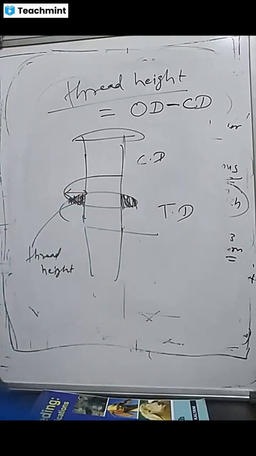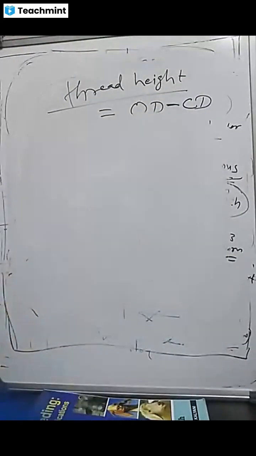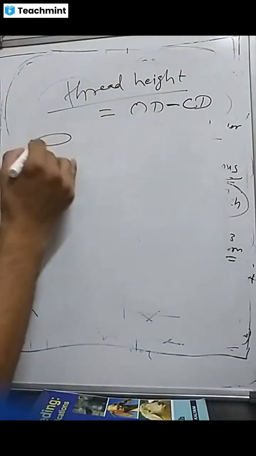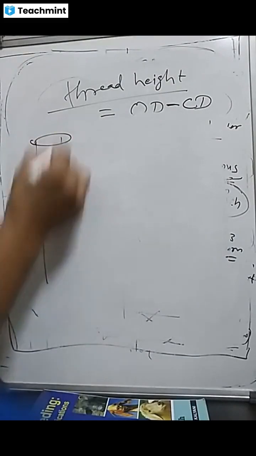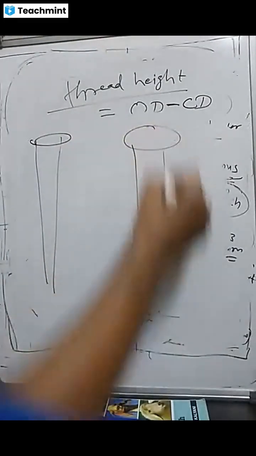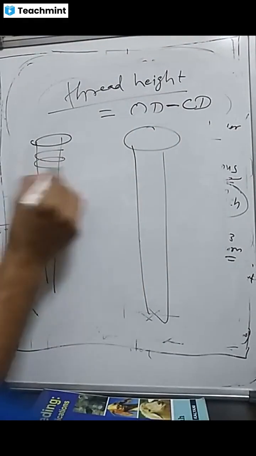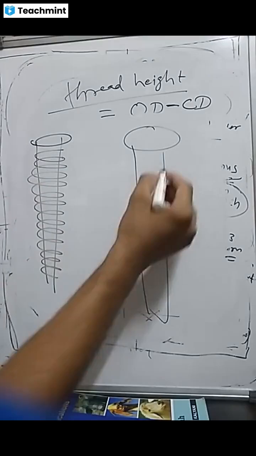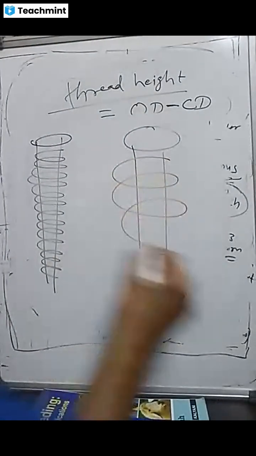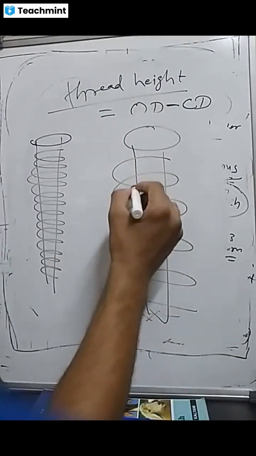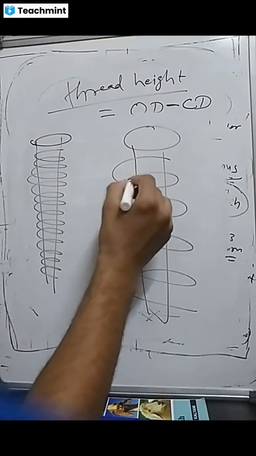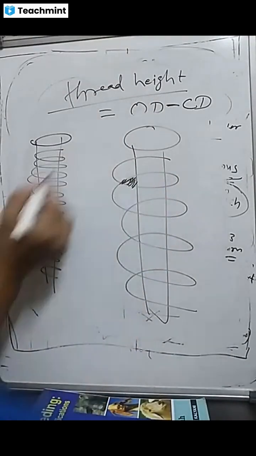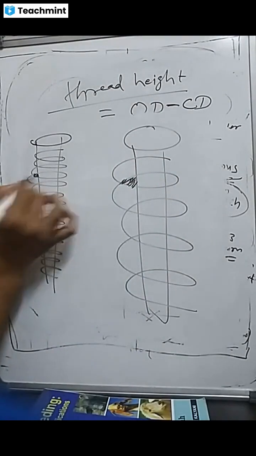In the ICAR exam, they have asked which of the following screws has a greater thread height. If I draw both the screws, cortical and cancellous, this height is more than this height.